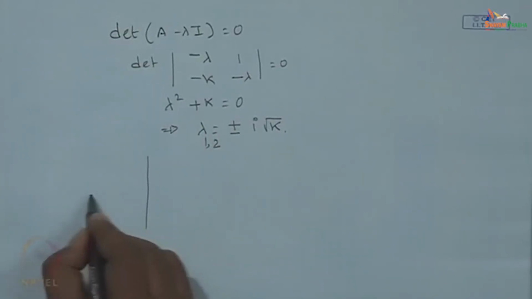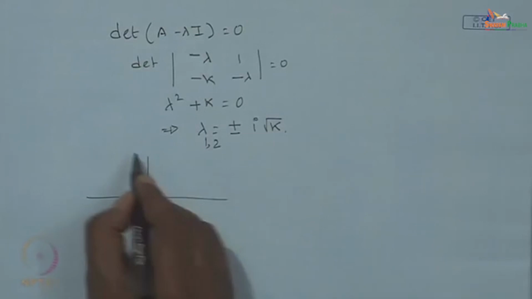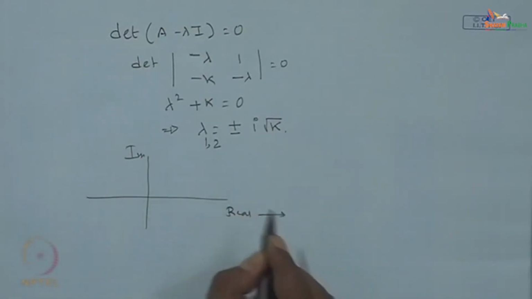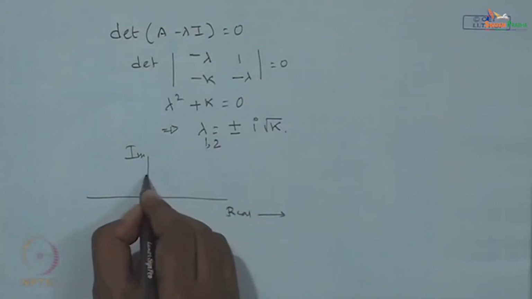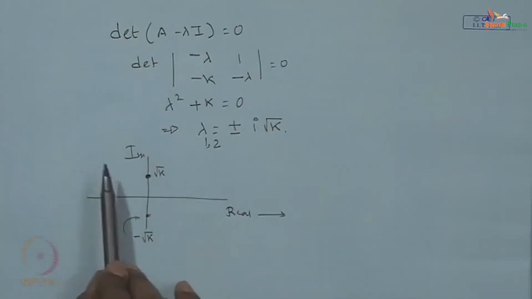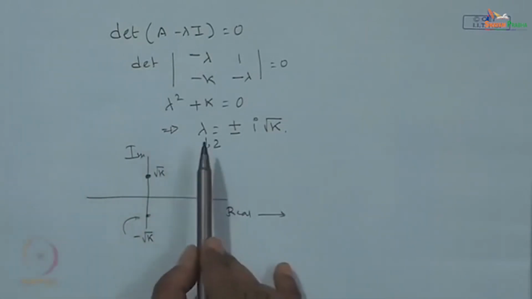If you look into the phase space plot, this is the imaginary axis, this is the real axis. These roots are lying on this axis. This is root over k and this will be minus root over k. They are on the verge of crossing over from the left half plane to the right half plane.